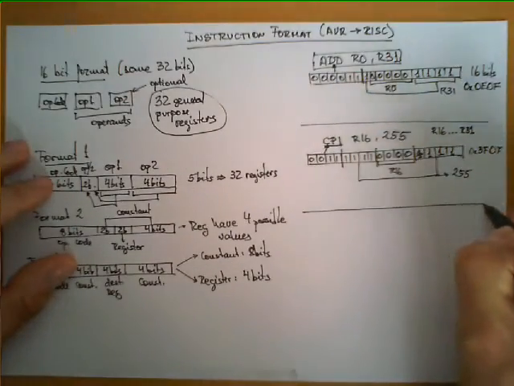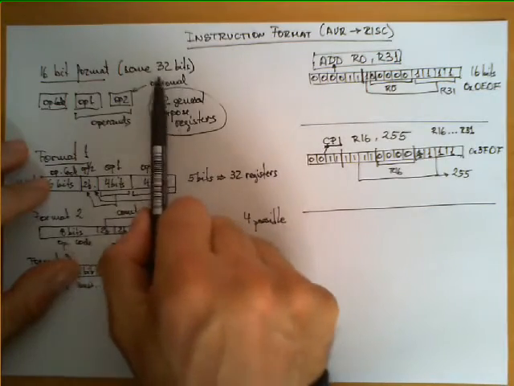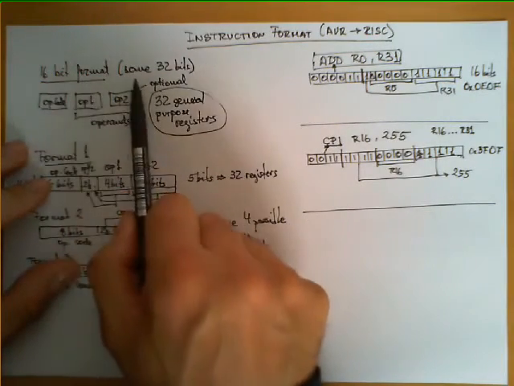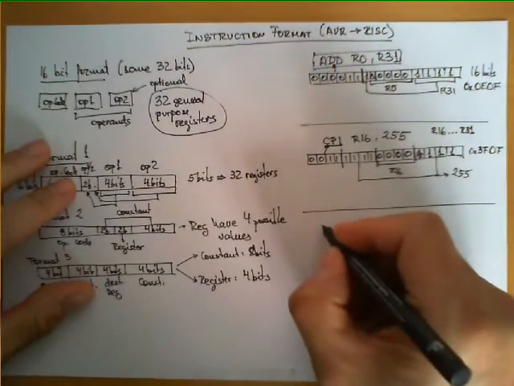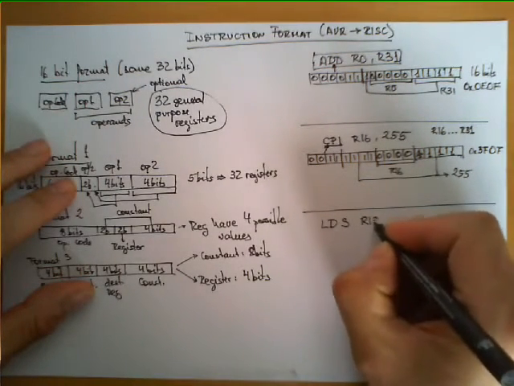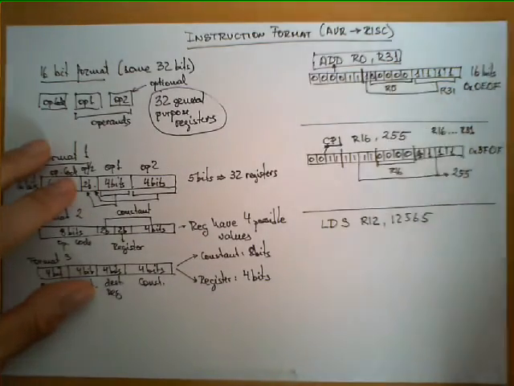Let's look at a third example. This is a little bit of an exception to what I mentioned here. Most of the instructions of this architecture occupy 16 bits, but some of them occupy 32. So let's take a look at an example of an instruction that occupies 32 bits. This is the instruction LDS R12, 12565.